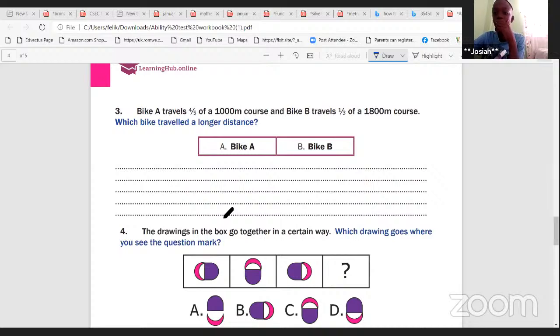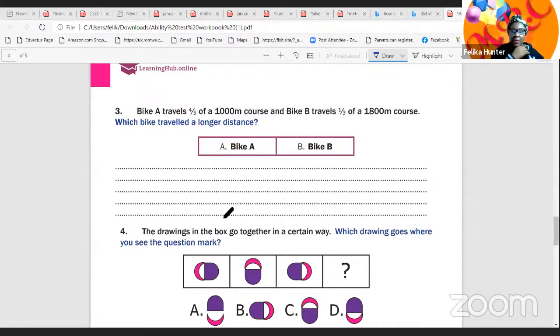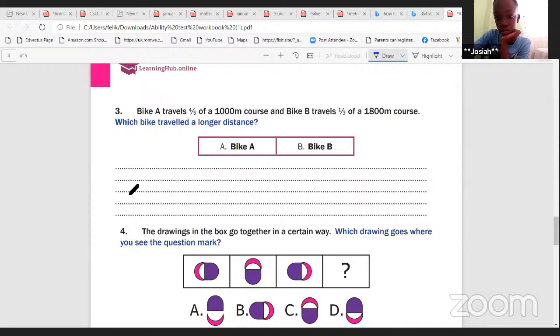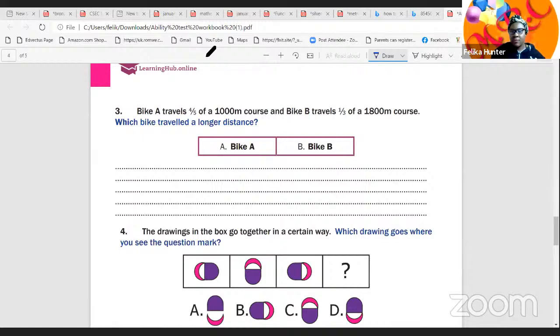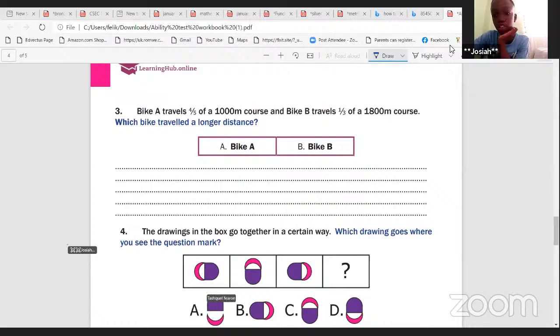Do you see the option to write on the screen? No, Miss. All right, hold on. I'm going to do that now. Okay, what about now?